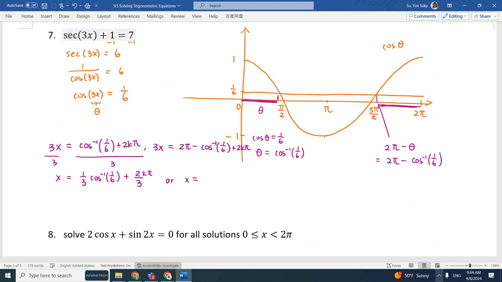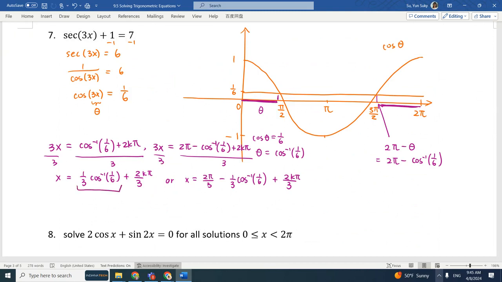Or it could be both sides divided by 3, and you get 2 pi over 3 minus 1/3 the arc cosine 1 over 6 plus 2k pi over 3. You cannot put the 2k pi over 3 in your calculator, so just leave it like that.